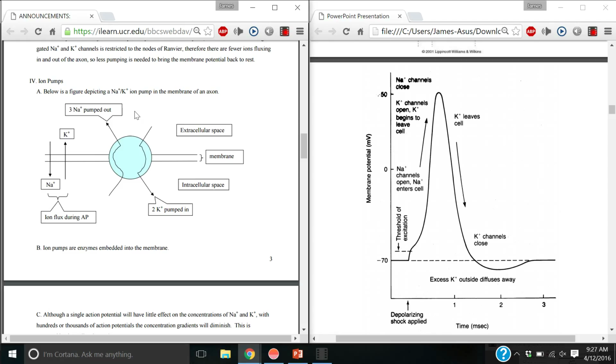One of the factors about this is that it is an electrogenic pump, because there's an unequal number of positive ions pumped in and out. Activation of this pump alone will change membrane potential.